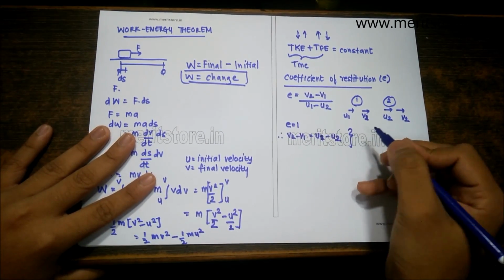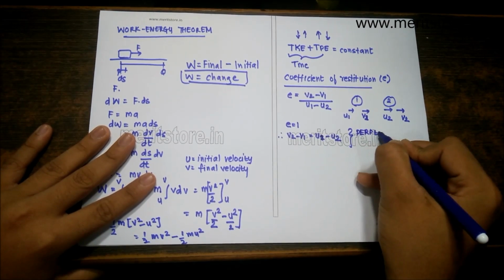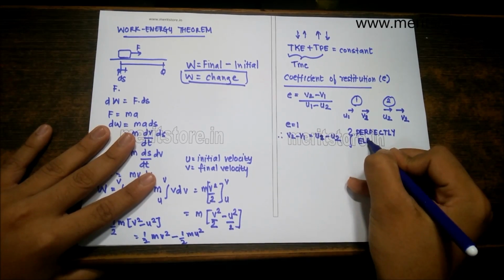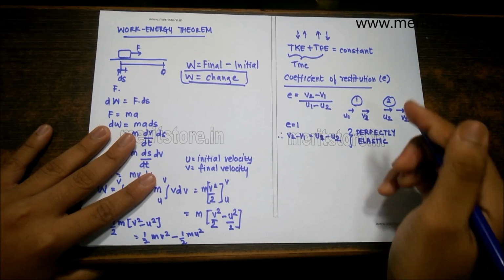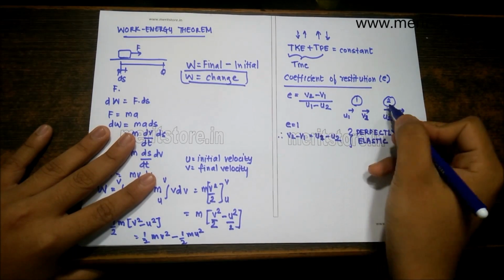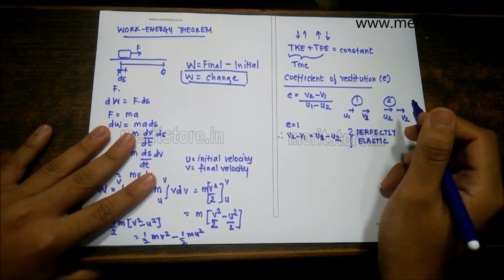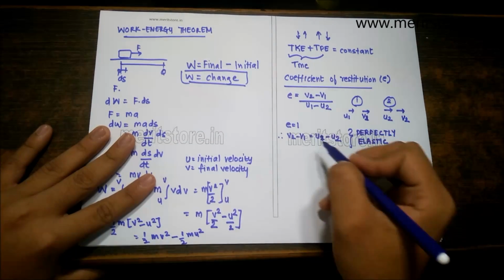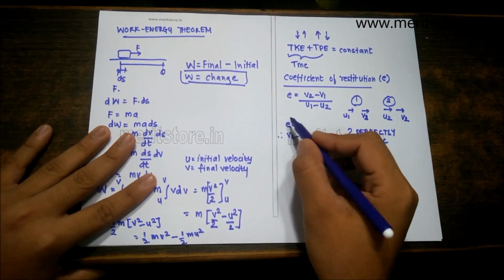This condition is known as a perfectly elastic collision. So basically the relative velocities of the two bodies before and after collision are the same, and therefore e is equal to 1.